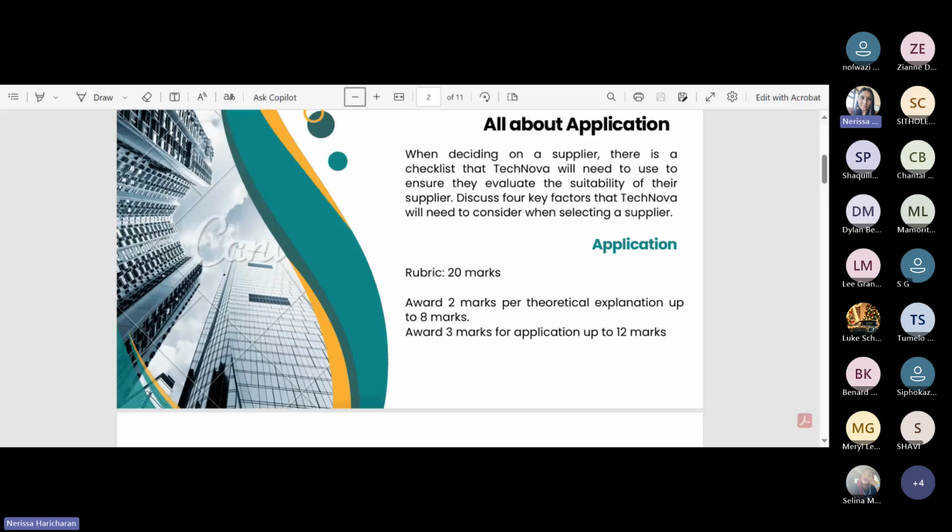So bring in similar case studies of how you can relate to those key factors, and how they need to consider their different suppliers when selecting.